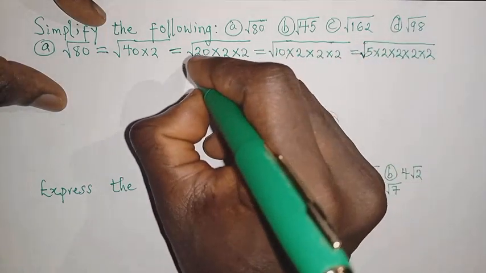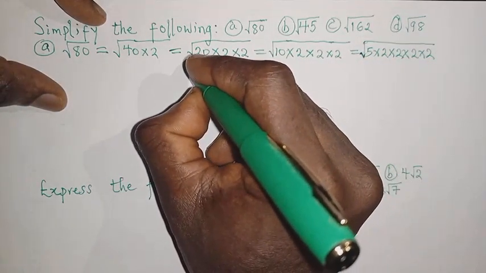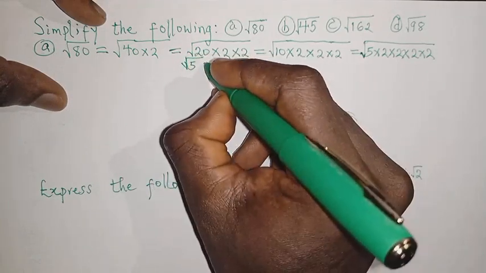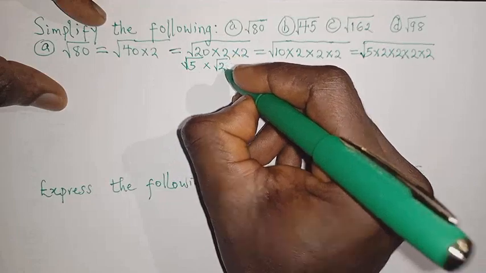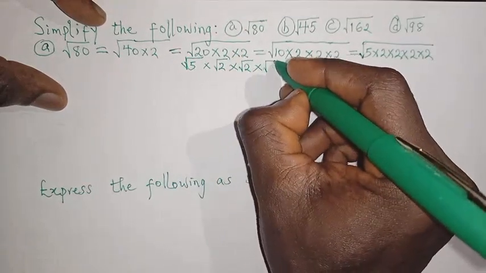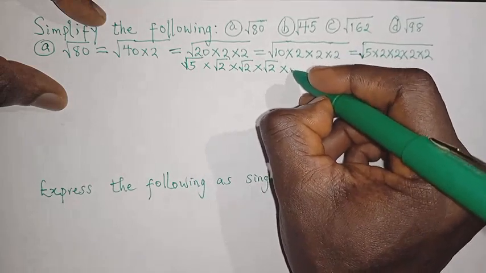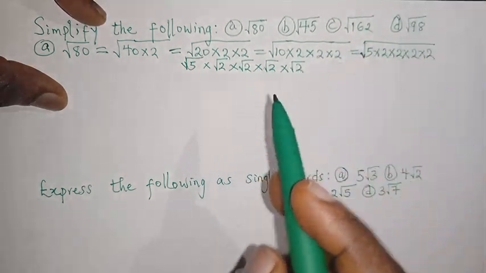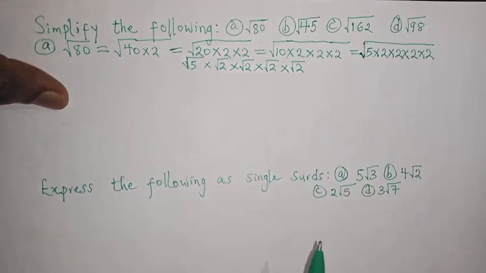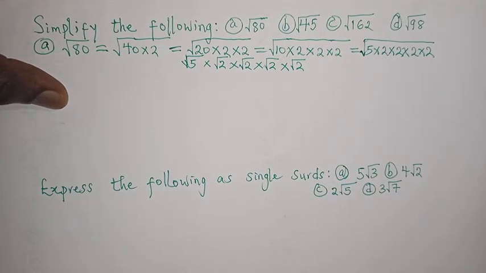All of these can simply be written down as root 5 times root 2 times root 2 times root 2 times root 2. Now, if you remember previously, I told you that once you have similar surds multiplying each other, they simply become the rational part of that number.